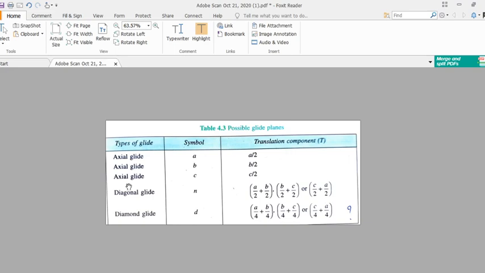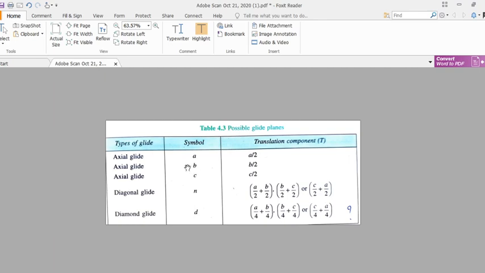Similarly, the glide planes are always parallel to the reflection plane or the mirror plane, on the lattice axes A, B and C, at a half level of that, so half of A, half of B and half of C. You are traveling on the x axis by half the way, so A by 2, and you are imagining a mirror plane. So you have a translation as well as the reflection, so it is a glide plane, and that's why it is referred to as an axial glide plane.